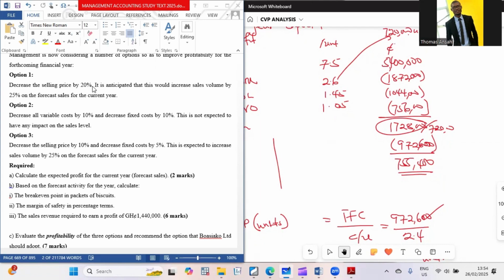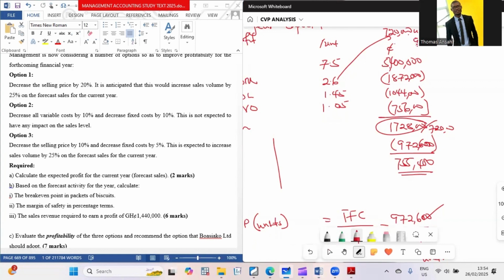It says the selling price increased by 20%, and it's anticipated that this will increase sales volume by 25%. So the volume that I have, 900,000 now, I'll multiply this by this, and this by this. That is what will happen.